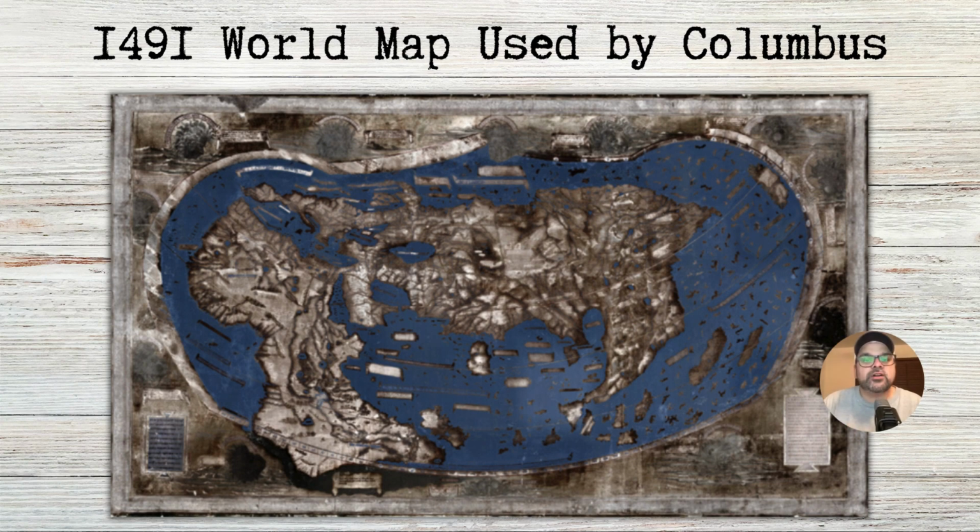And it's really hard to make out in a lot of detail here in this picture. But this is a picture of one of the actual world maps that Christopher Columbus would probably have studied when he was planning his westward trip to Asia from Europe.